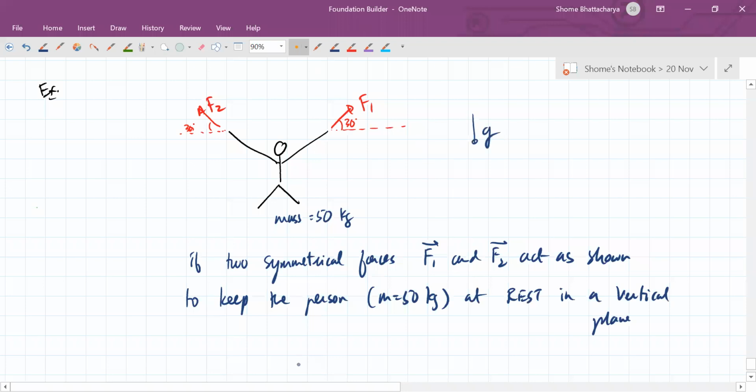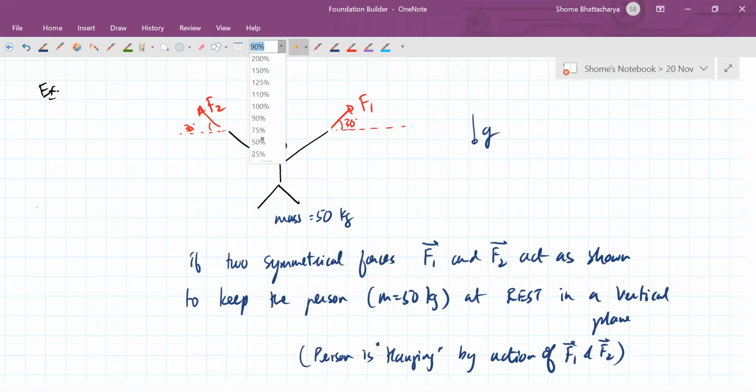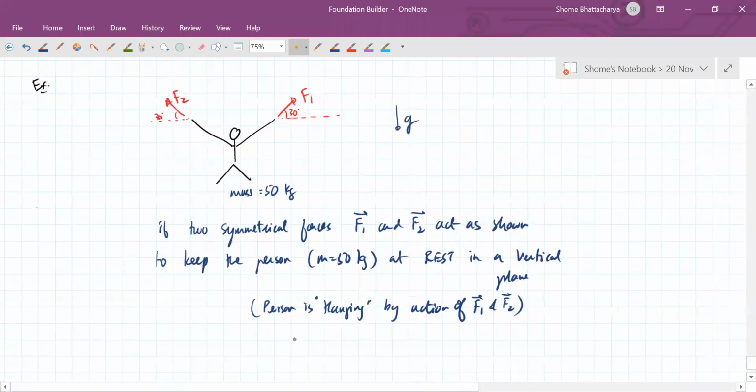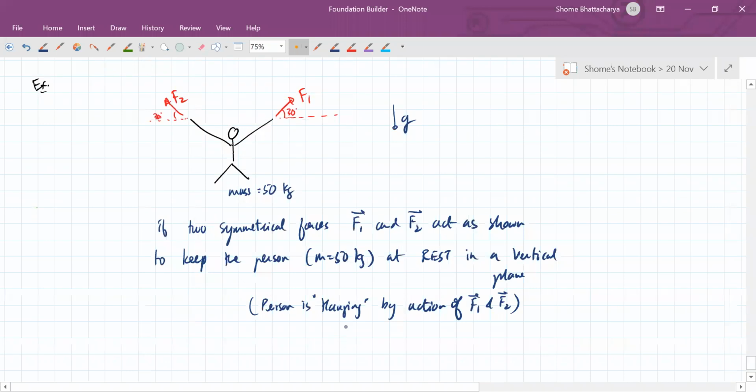So again, g is acting like this. So basically, the person is hanging by the action of F1 and F2. Okay. Find their magnitudes. Very simple question. Just work this out, people.